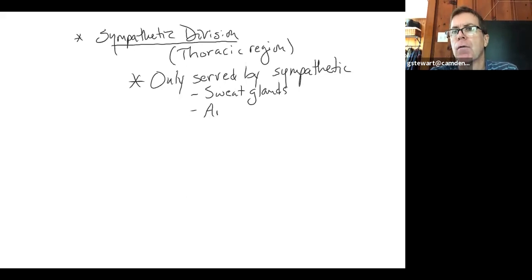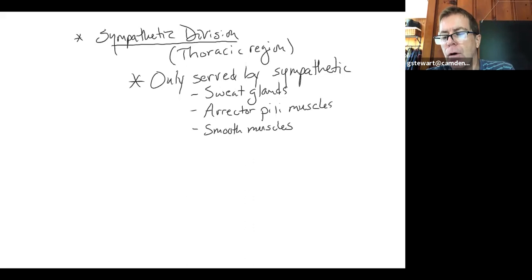Also, those erector pili muscles that are associated with each hair follicle in the skin that give us goosebumps when we're cold and make our hair stand up on end, and smooth muscles in the walls of blood vessels. Those are also only under sympathetic control.